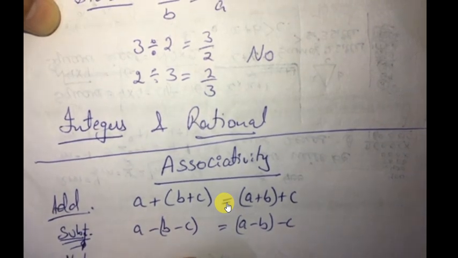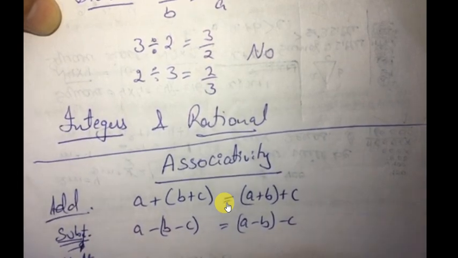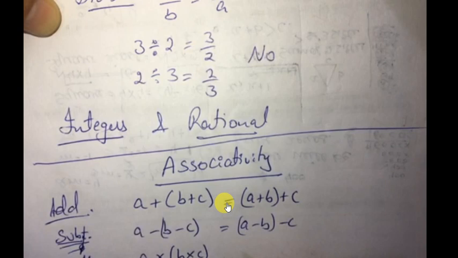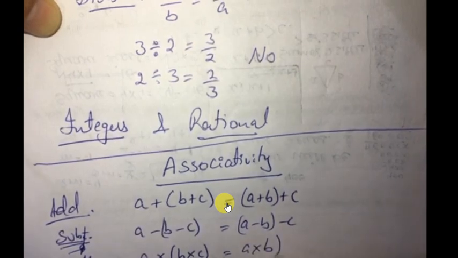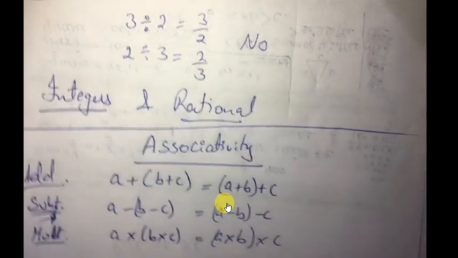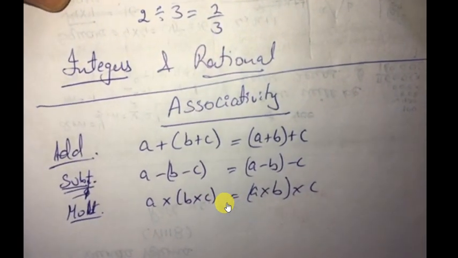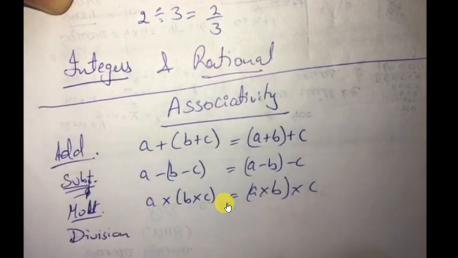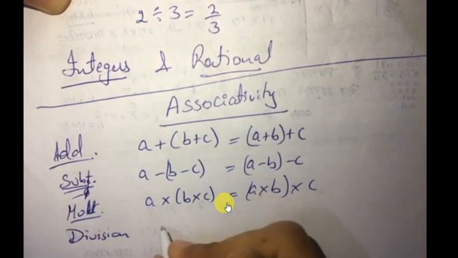Then for multiplication, a into bracket b into c should be equal to bracket a into b, into c. You have to check this also in the case of whole numbers, integers and rational numbers. Last is division. This also you will check.